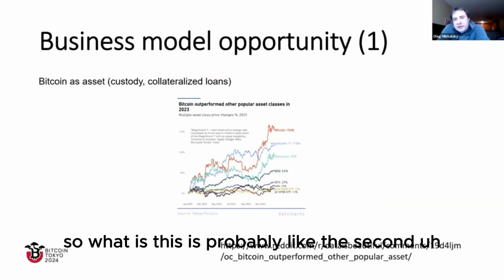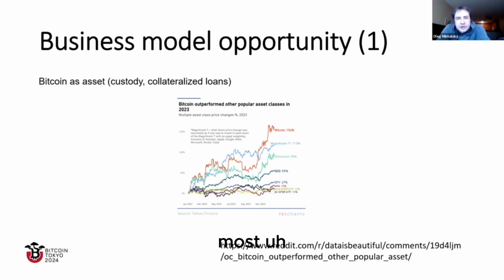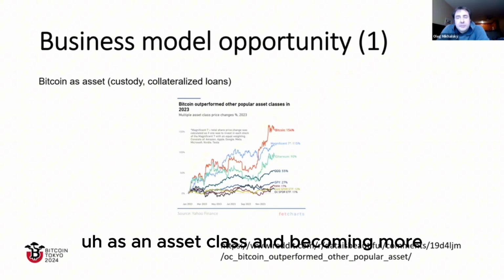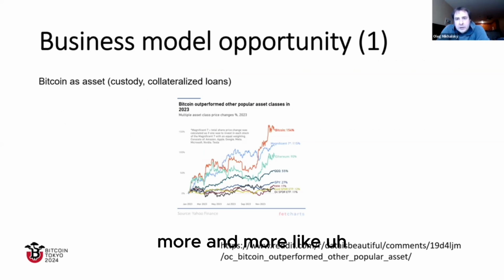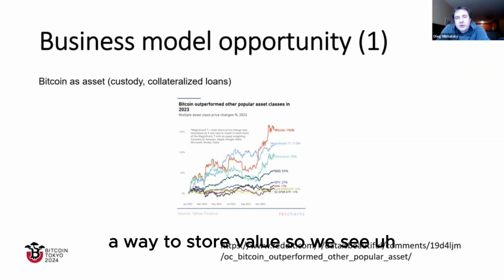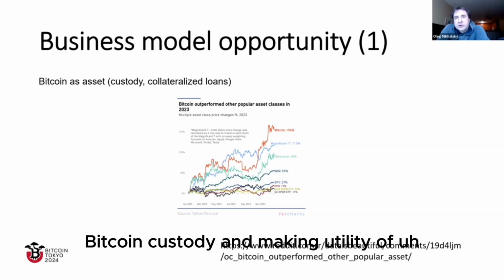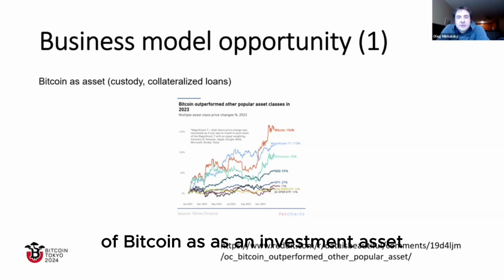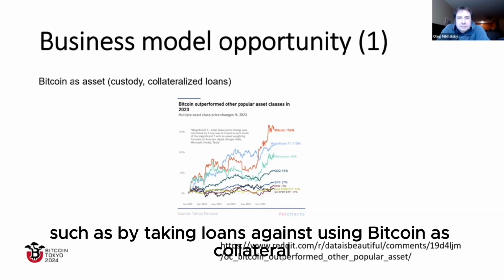So this is probably the second most useful takeaway from this short conversation: as we see Bitcoin maturing as an asset class and becoming more and more a way to store value, we see business models around Bitcoin custody and making utility of Bitcoin as an investment asset, such as by taking loans using Bitcoin as collateral.